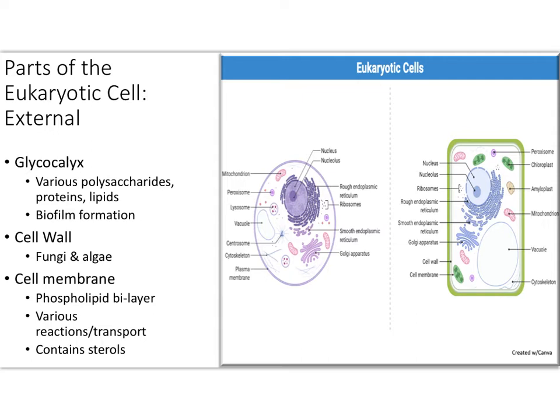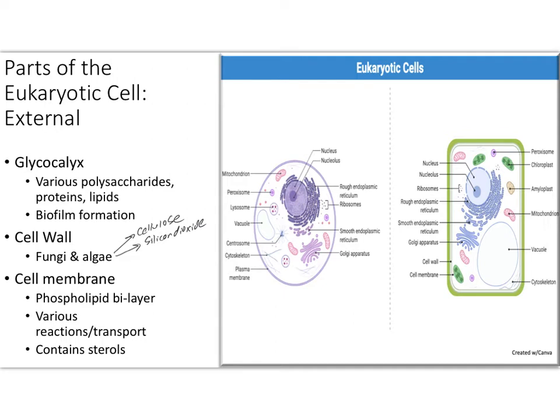One of the most common types, and this is not the only one, is cellulose, which is just a bunch of glucose joined together. Another type can be actually silicon dioxide, which is essentially glass. We'll talk more about those cell walls when we get to algae later in this lecture.